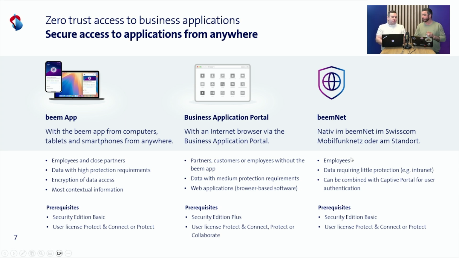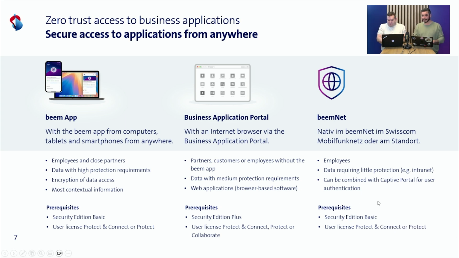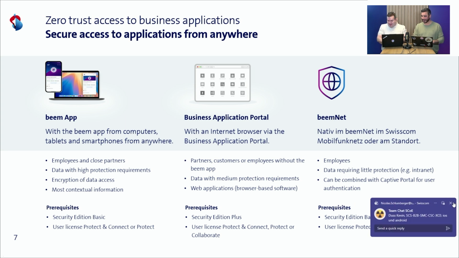The other one we already mentioned, that's the mobile part. Whenever you have a mobile subscription, or even just a DSL or fiber connection, you can already access BeamNet. In that case, the granularity of what you can do is a bit limited, because we lack the user information.